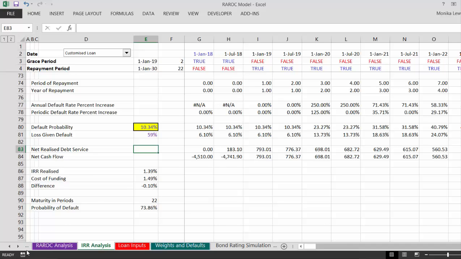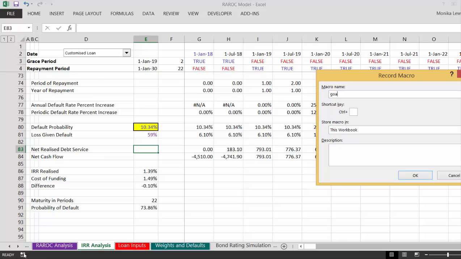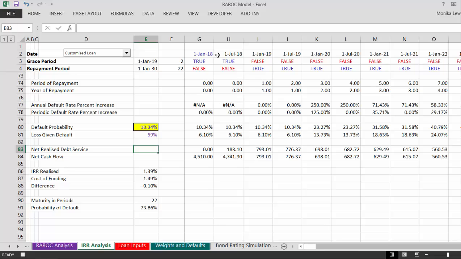So this time we can make a macro, call it goal seek, and do the same goal seek.